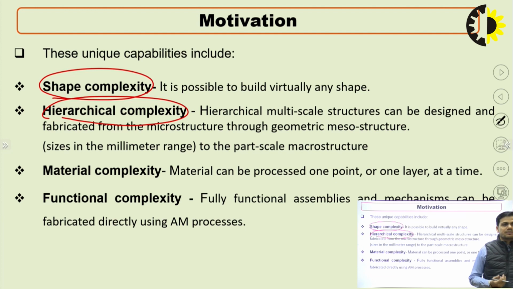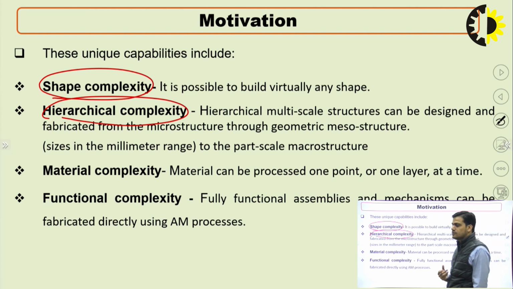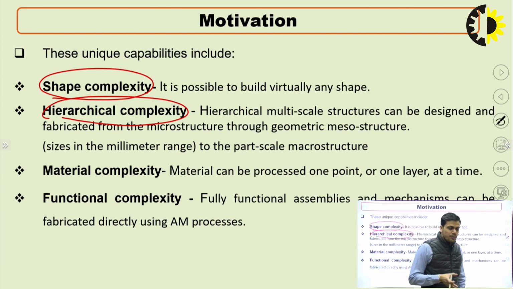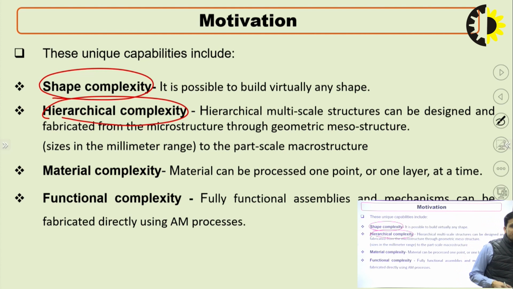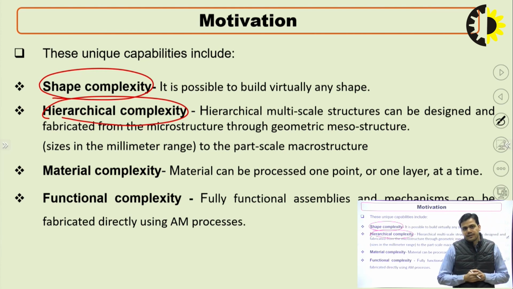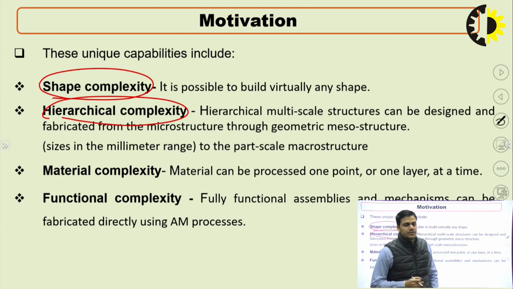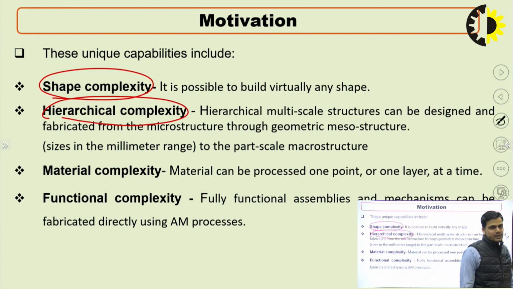Okay, the size is in the millimeter range to the part scale microstructure. Means if you require to change the microstructure in any particular product, you have geometric data for that, and by using that geometric data you can design the microstructure of that particular product.